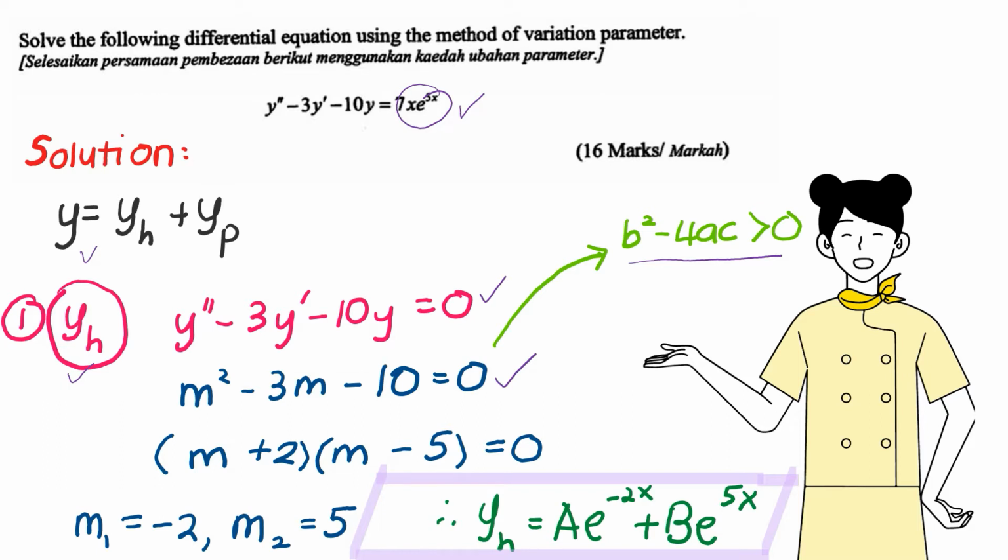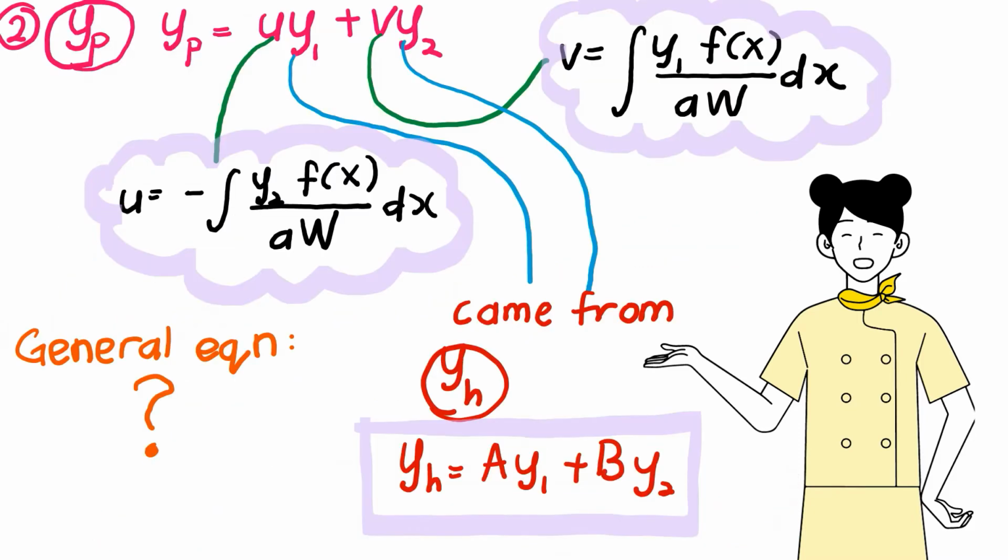By factorizing the characteristic equation, we have two different roots here. When we have two different roots, the solution is A e^(m1 x) plus B e^(m2 x), so that we end up with yh, the homogeneous solution.